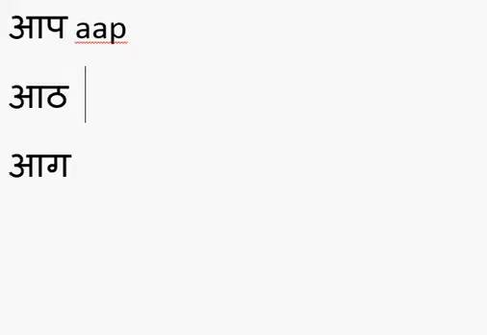And you know what that means: the number 8 is spelled that way. Okay, here's the next word. We have A, and we have Ga. Drop the default vowel. We have Ag, and it means fire.